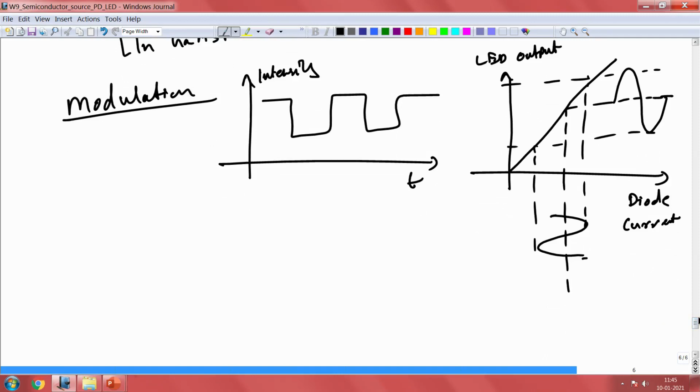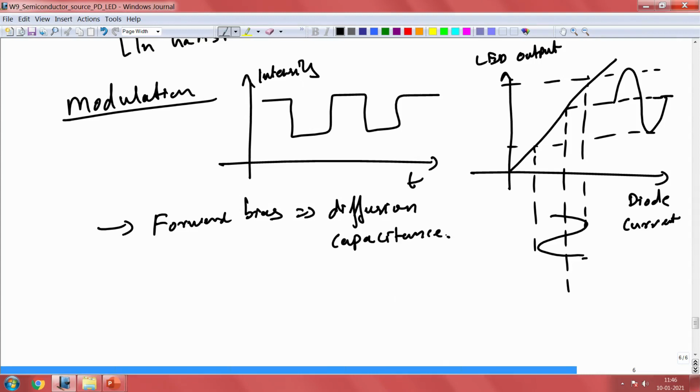The only problem here is the diffusion capacitance that you have. You can do it in forward bias, of course, the LED is in forward bias, but then this will result in diffusion capacitance. And this diffusion capacitance is going to determine the frequency response.